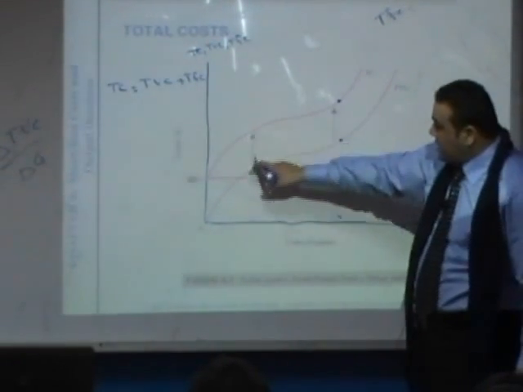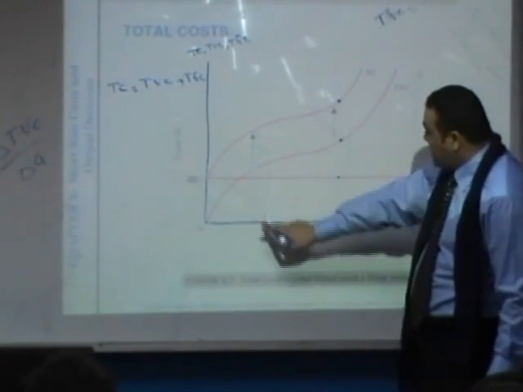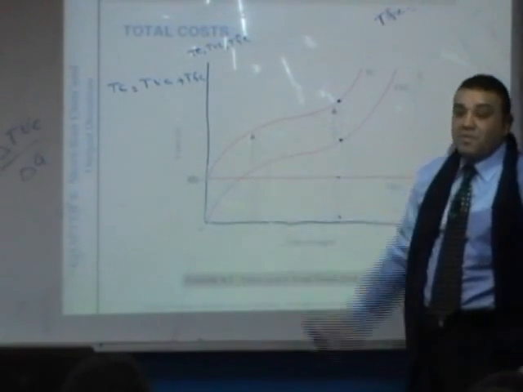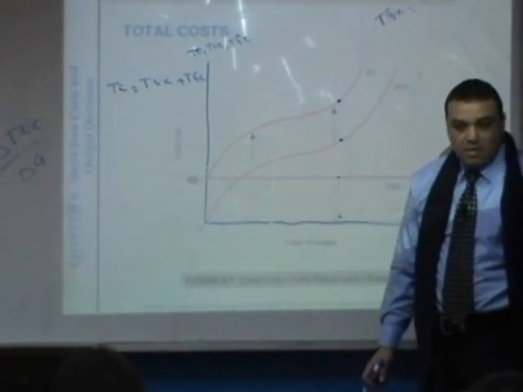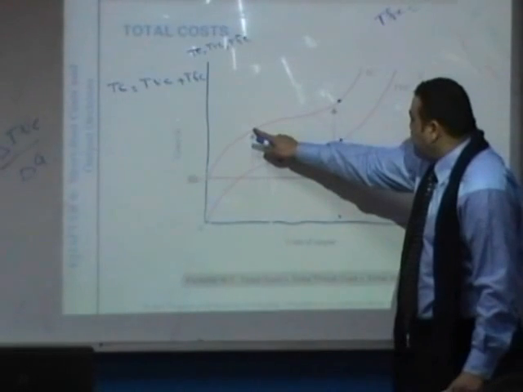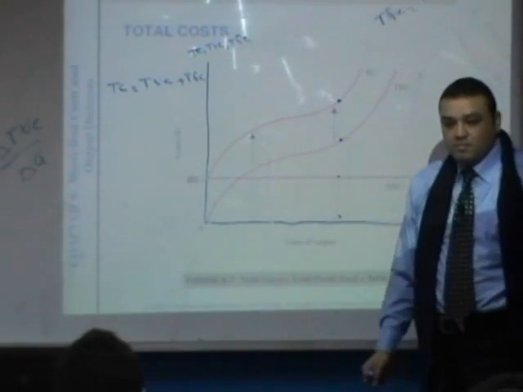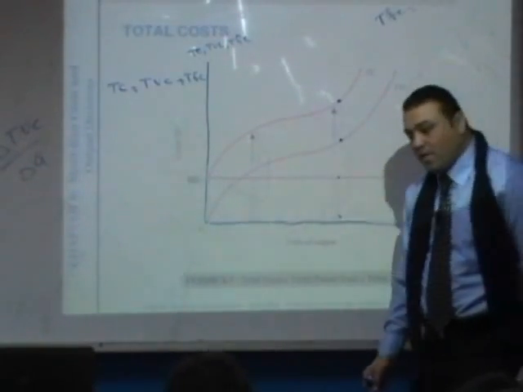And here the same: TC minus TVC equals TFC, the same distance. And TC minus TFC equals TVC. Right? Okay.